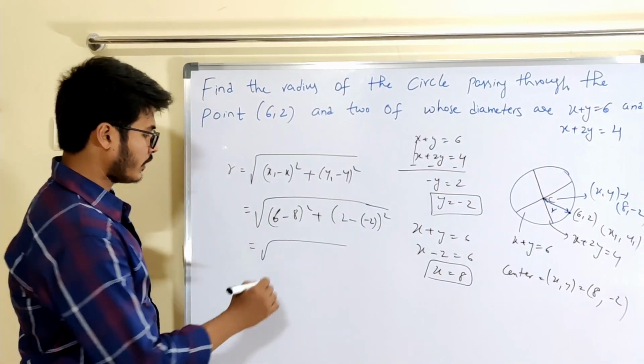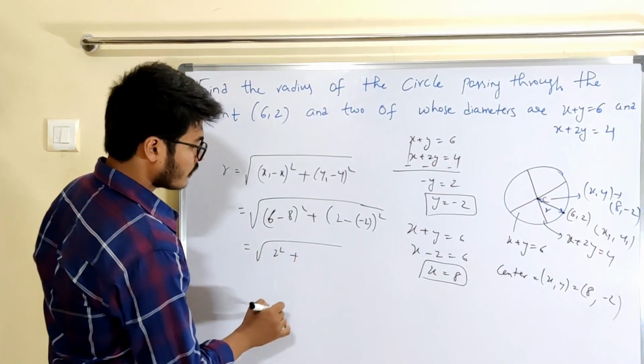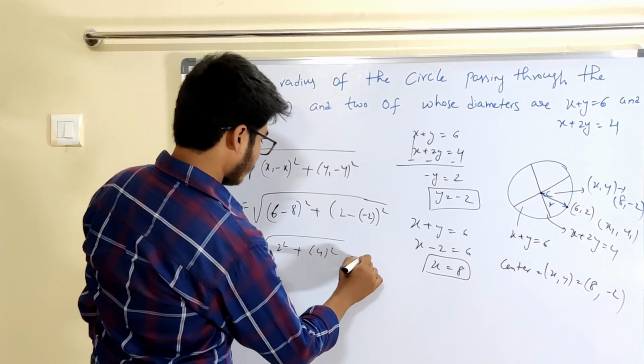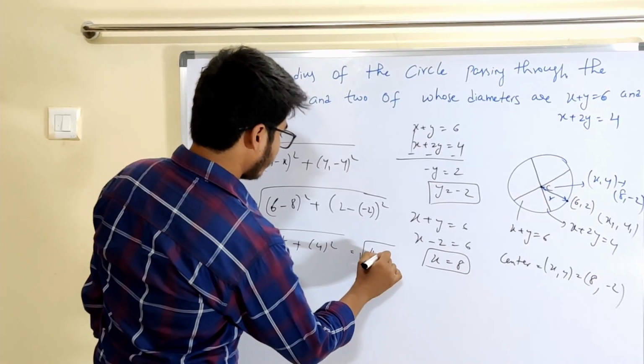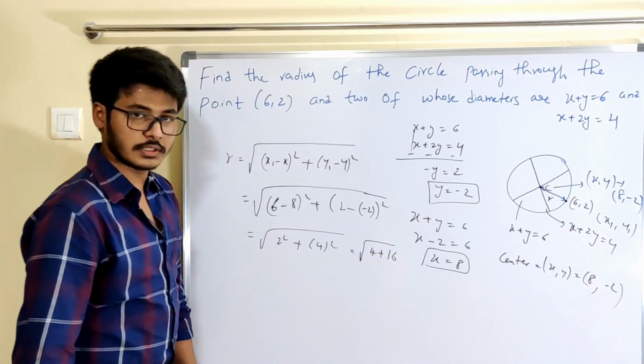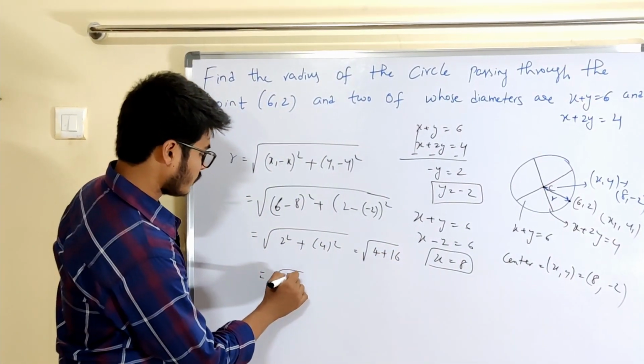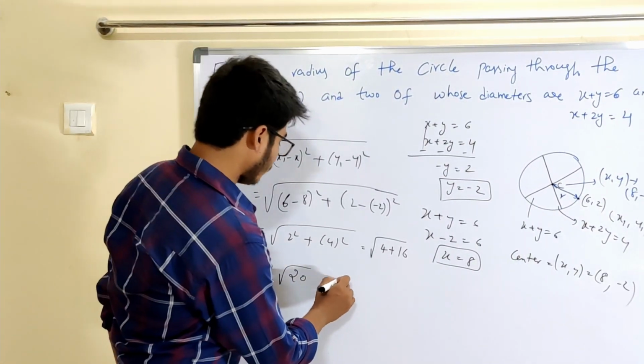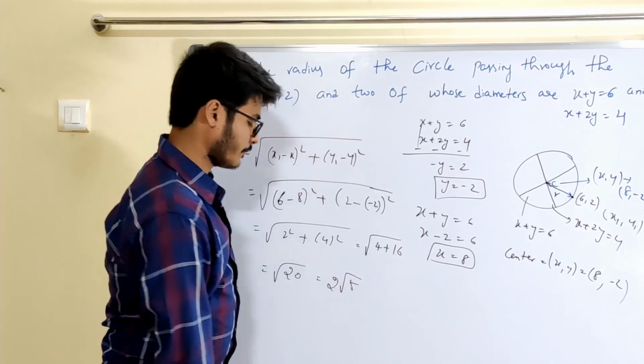Therefore here we get 2 square and here it is 4 square. So we get 4 plus 16. So we get square root of 20. So here we get 2 root 5.